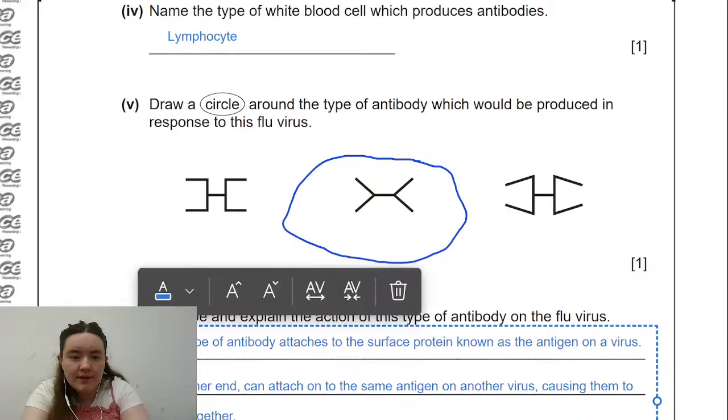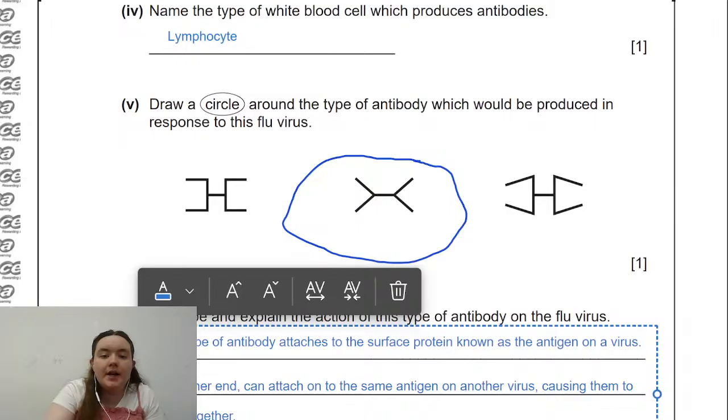And then once it's stuck together, macrophages can eat the viral clumps. So they all clump together, and that allows for our body to get the macrophages in.